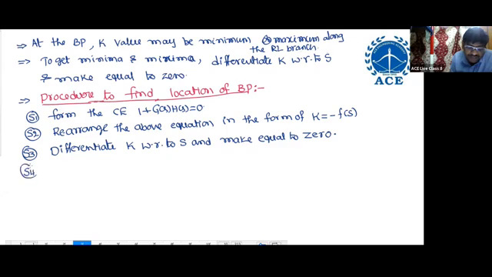Step 4: The roots of dK by dS equal to 0 give the valid and invalid breakpoints.